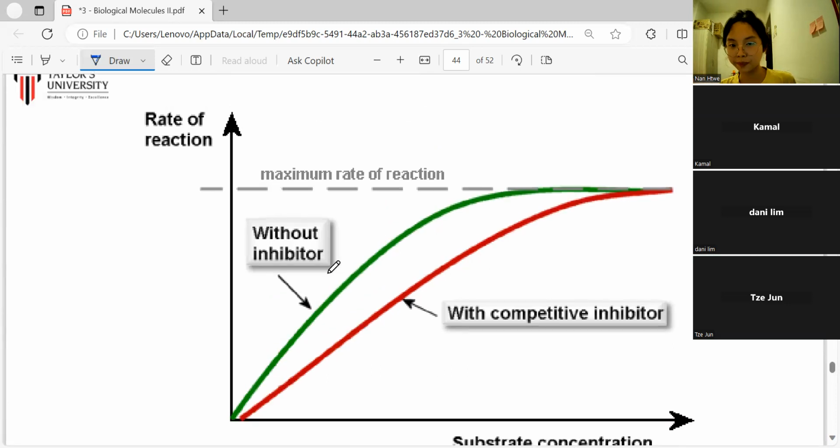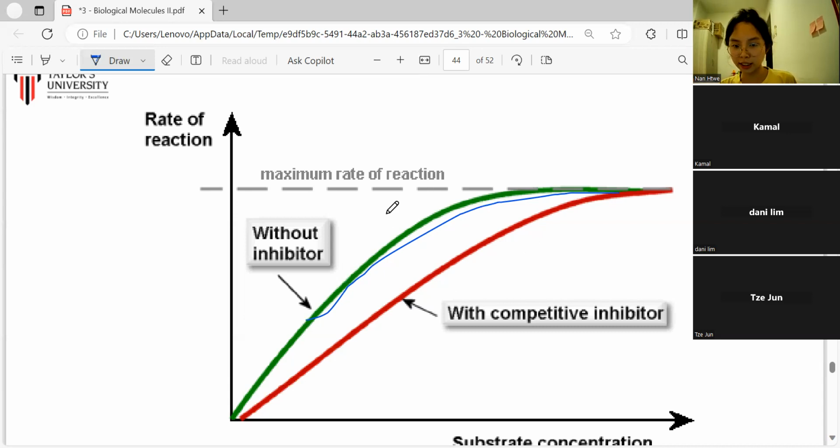So here, this green line is the rate of reaction without the competitive inhibitor, and this one is with the competitive inhibitor. Look at the diagram carefully. Next, when we move to the non-competitive inhibitor, we will compare this graph and the graph for the non-competitive inhibitor.